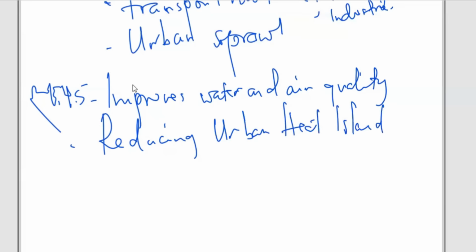Right, the urban heat island is lessened. The effect of high temperatures in the urban area is lessened by the green belts, and we can also use it for flood control. And you can also use that for outdoor recreation.